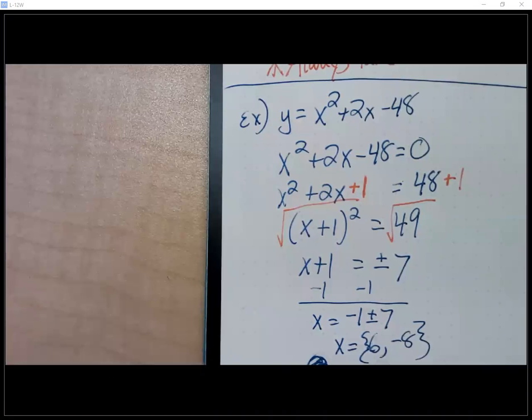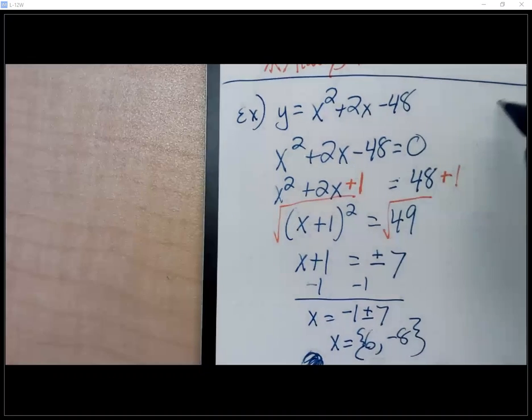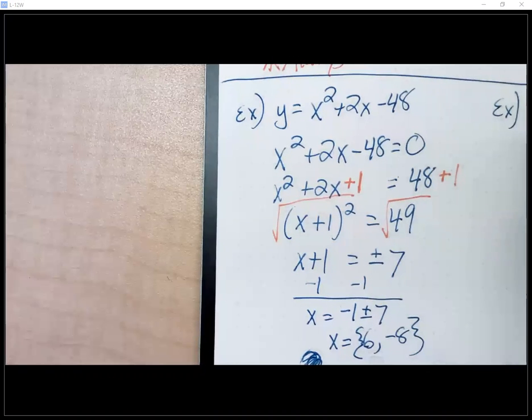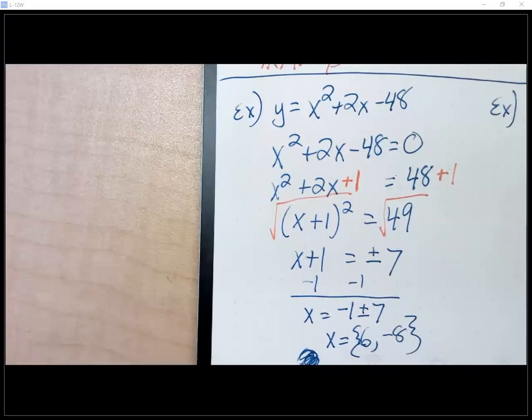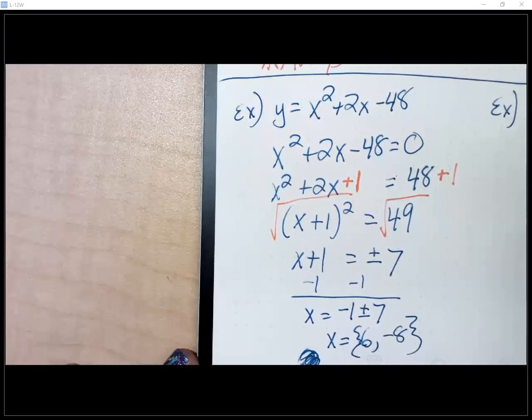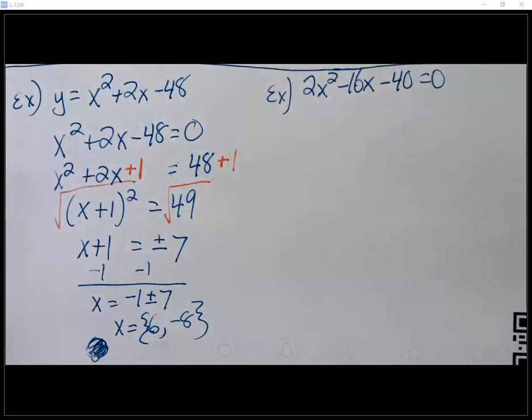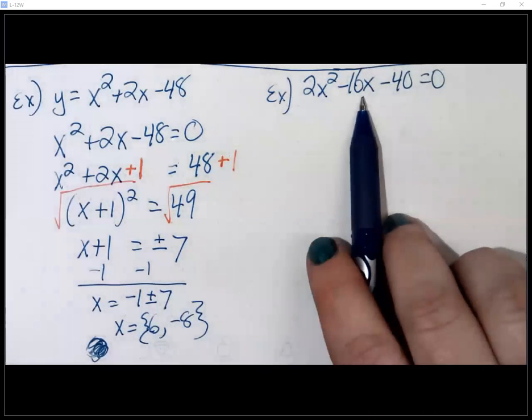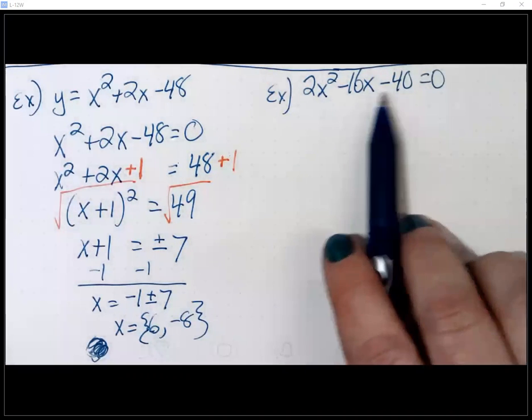Let's do this. Okay, 2x squared minus 16x minus 40 equals 0.